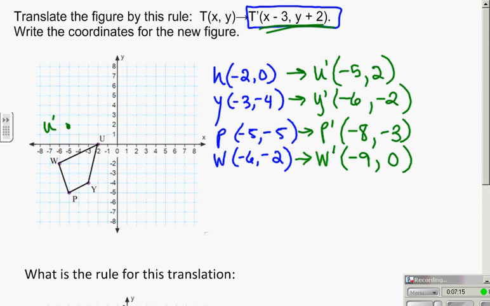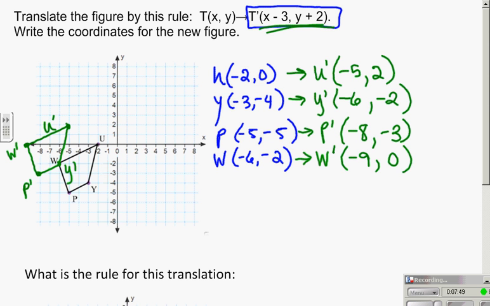I'm going to go ahead and graph them. So U prime is at -5, 2. -6, -2 is Y prime. And it's okay if our points, new and old, overlap each other. -8, -3 is P prime, and W prime is -9, 0.